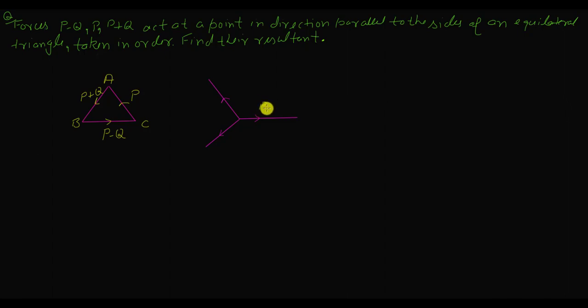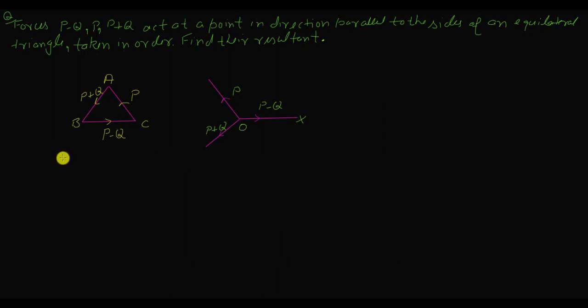Write the same forces: this is P minus Q, this is P, and this one is P plus Q. Now say the concurrent point at which these forces are acting is O, that is the concurrent point O. Say this is X, the horizontal direction.